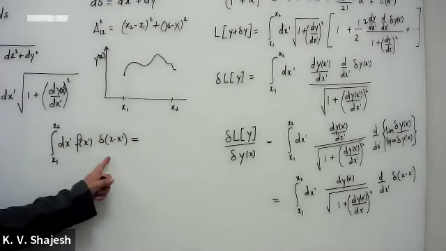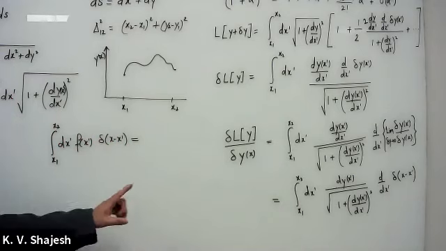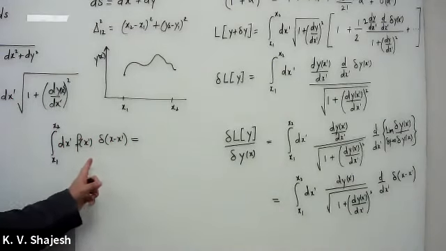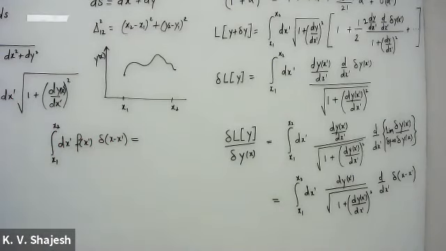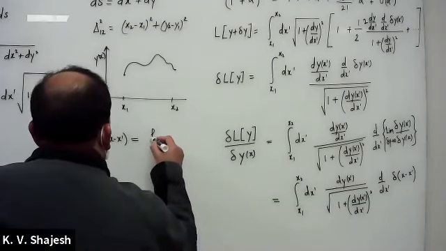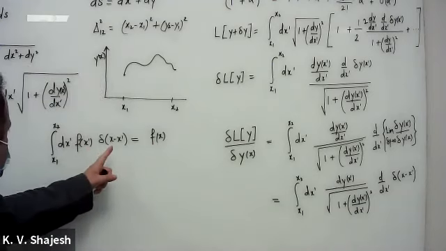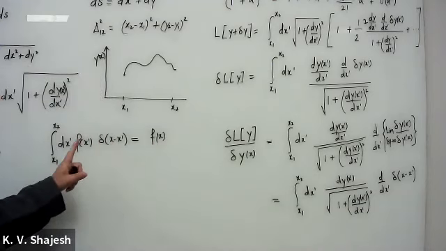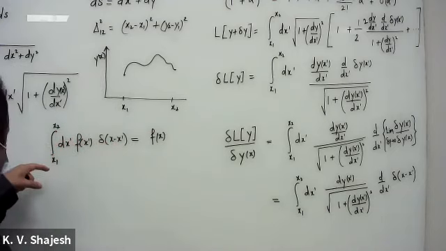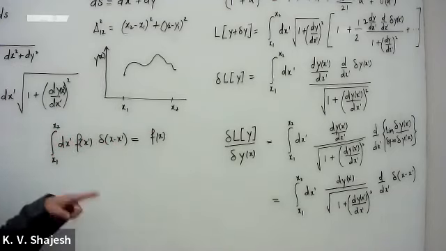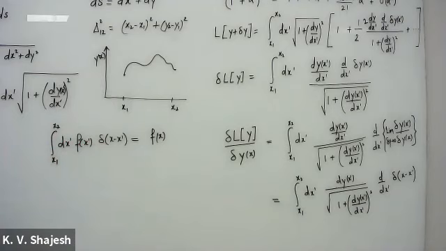Like that's not what we have, but if we had such an integral, what is that equal to? F of x, correct? And here the understanding is that x is in between x1 and x2, somewhere there is a value where it matches.